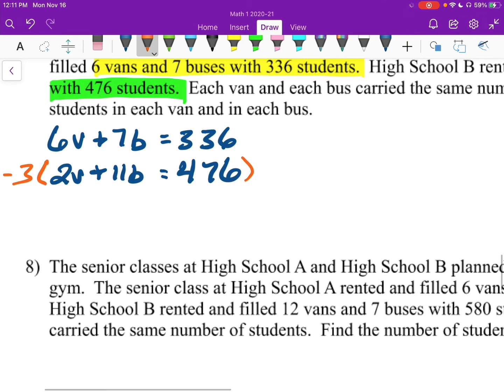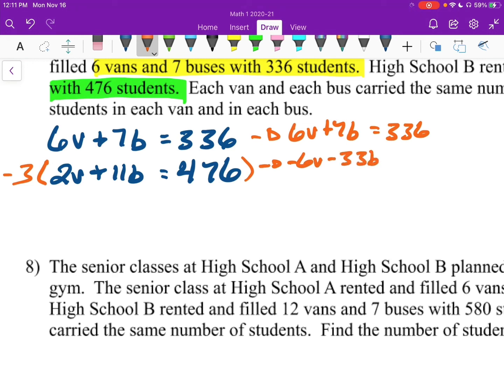The top will stay the same. It will be 6v plus 7b equals 336. The bottom one will be -6v minus 33b equals 3 times 476, -1428.